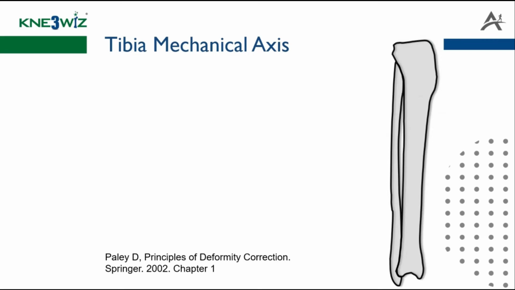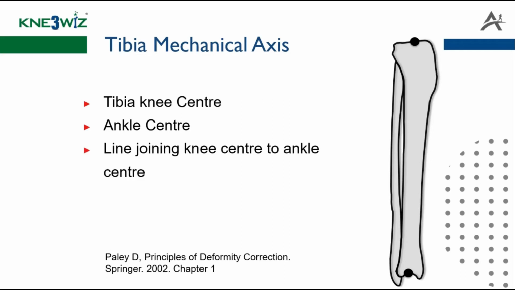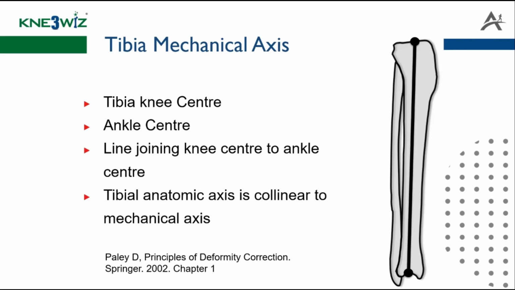In tibia, the mechanical axis is defined as the line joining the tibia knee center with the ankle center. The tibial anatomic or intramedullary axis is collinear to the mechanical axis and hence most of the time they are used interchangeably.